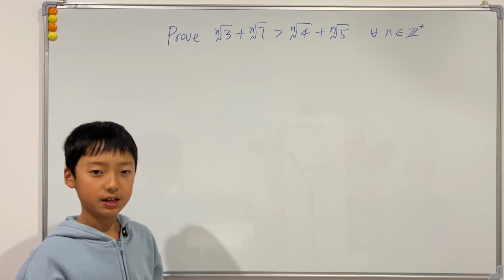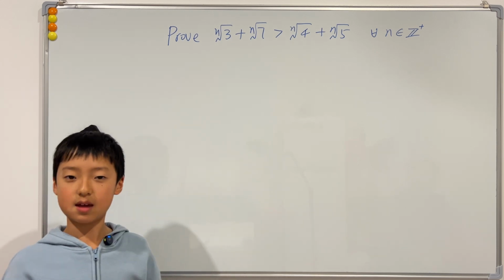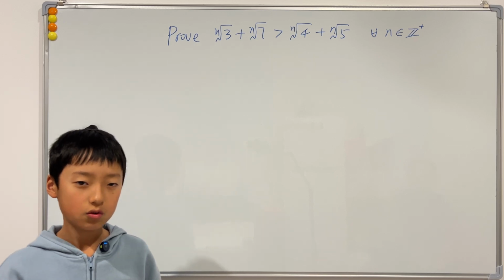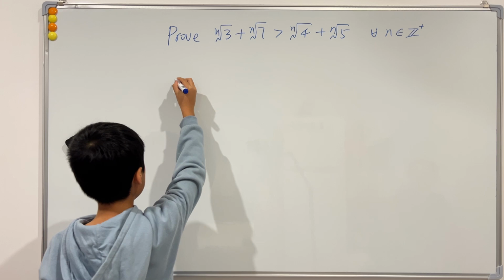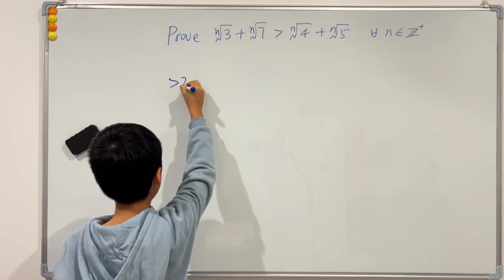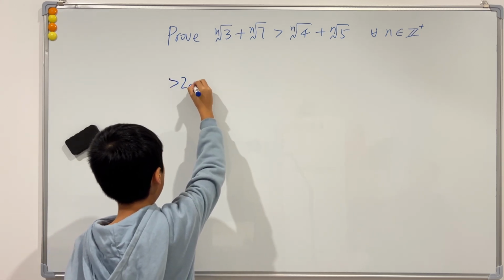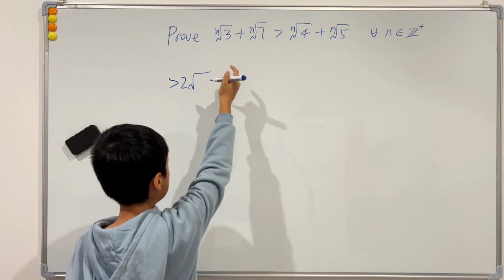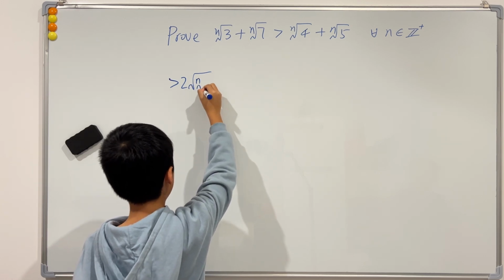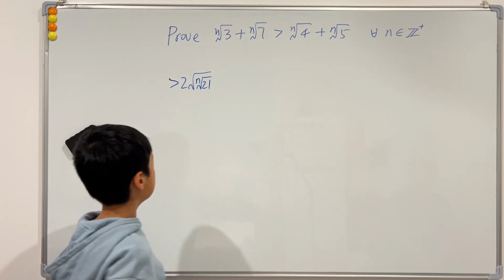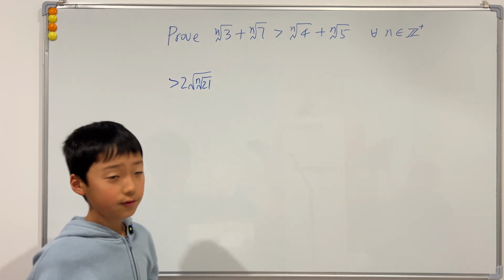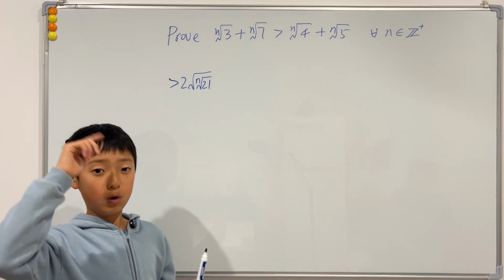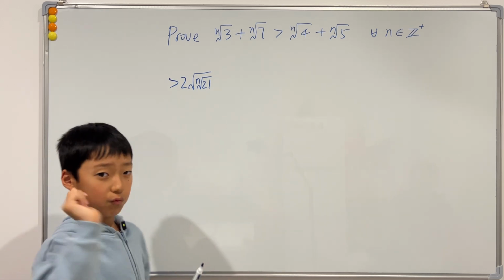Now, the first thing that we might notice is maybe we can use the AM-GM formula. So, we know that this thing will just be greater than 2 times the square root of those two multiplied together, which is the nth root of 21, right? And now, you can actually think of this as 21 to the 1 over n, to the power of 1 over 2.